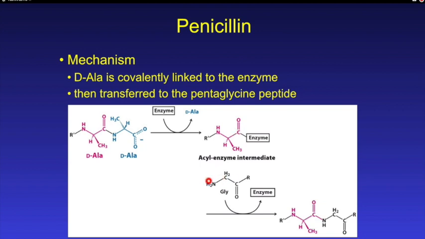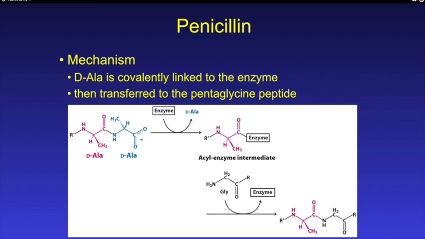Then the long pentaglycine gets bound, that would go along this way, here's the N-terminus. And what happens is the enzyme facilitates the nitrogen attacking the ketone, and the enzyme is the leaving group to create the pentaglycine D-alanine link that creates the stability in the perpendicular direction from the sugars.